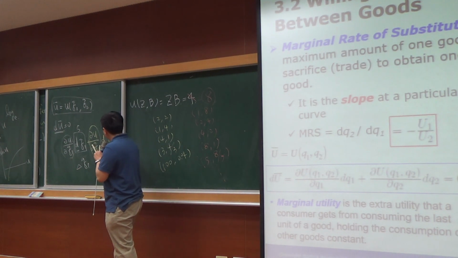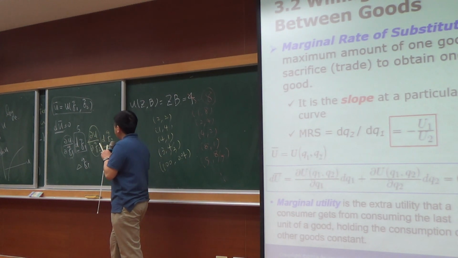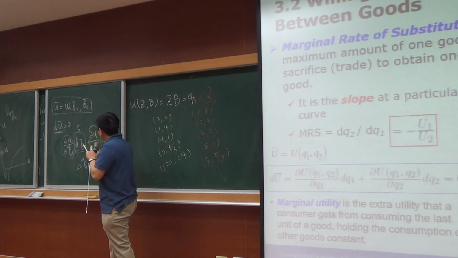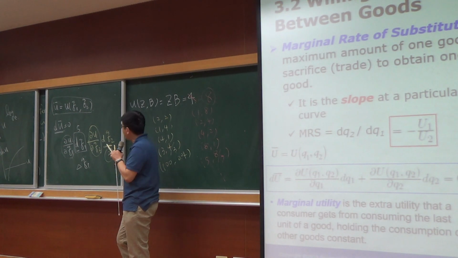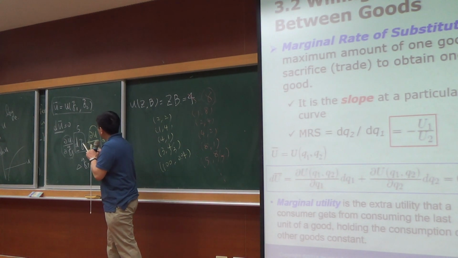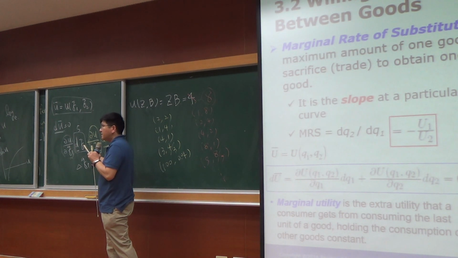So if this is like 3, the change is 3 units in Q2, and this is the influence per unit. Then the total influence from Q2 would be 3 times of this per unit influence, right? Is that clear?